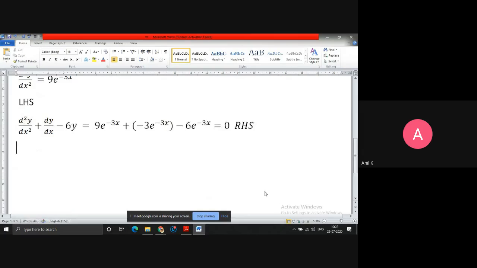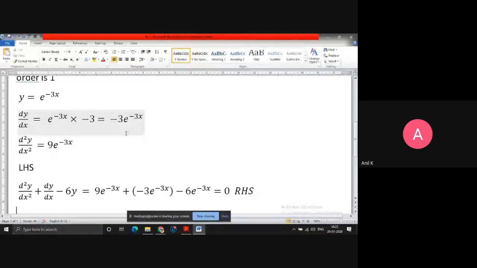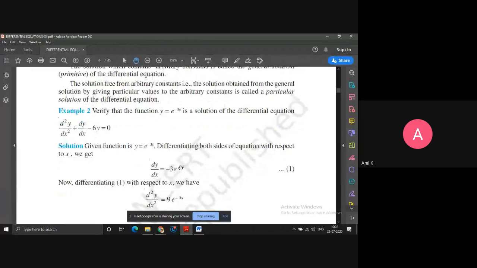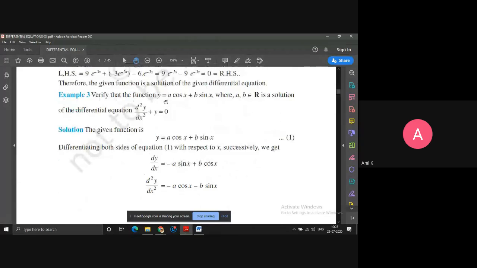That's how you check whether the given expression is a solution or not. Understood? So now you can move to the next example. You have y equals a cos x plus b sin x.